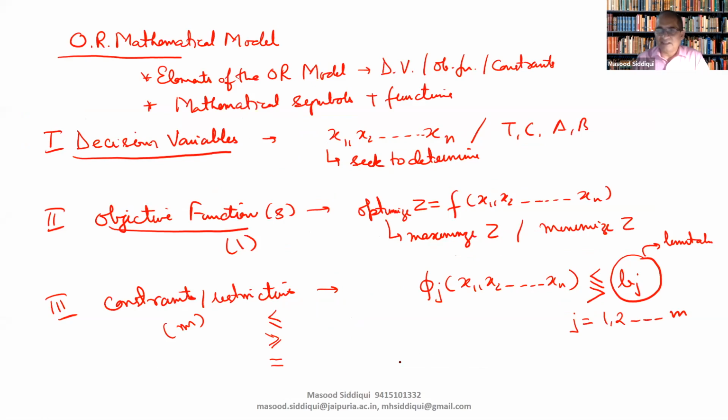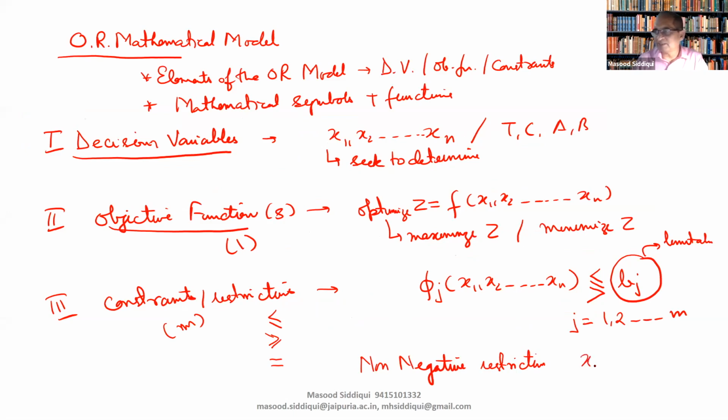Sometimes we also impose one more restriction that is known as the non-negative restriction. When we consider a real life situation, this restriction is important. But when we are solving the mathematical optimization part, it is not so important.